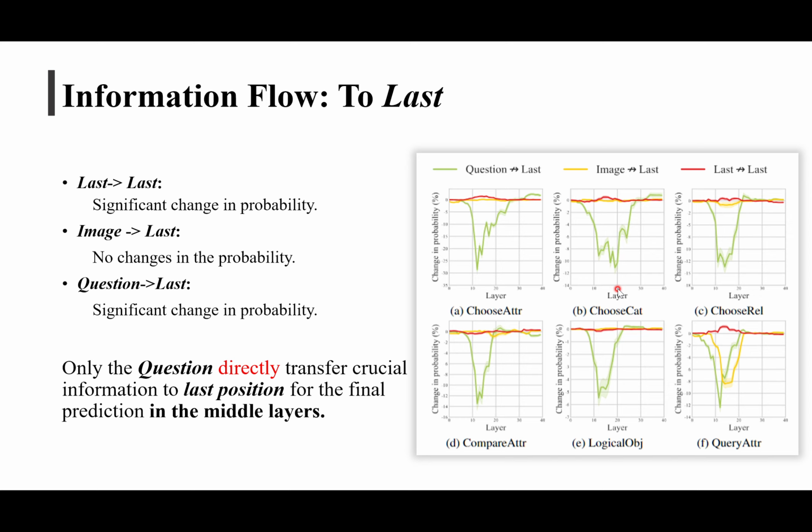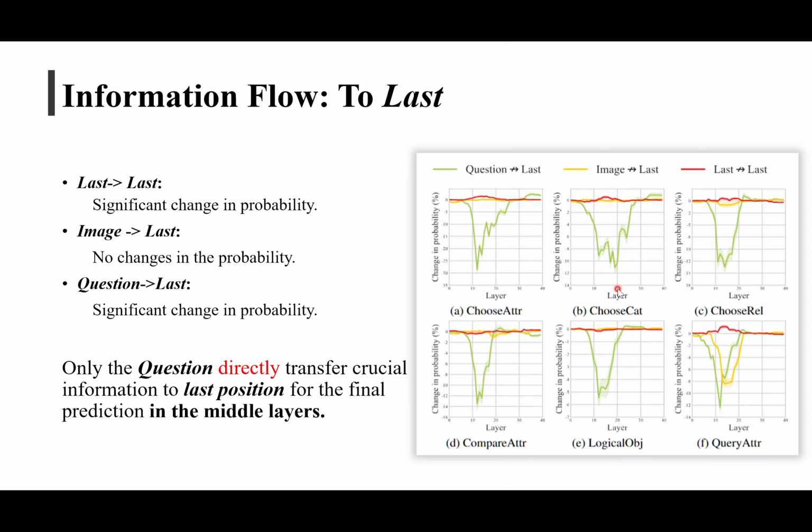So for now, we know the question directly transfers information to the last token, but this is a multimodal task, so why didn't the image contribute to the final prediction?